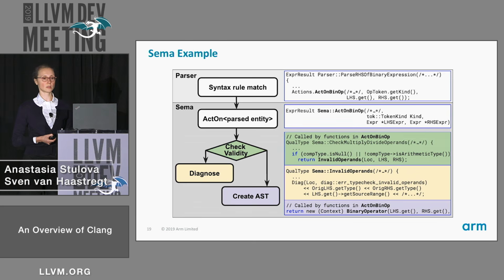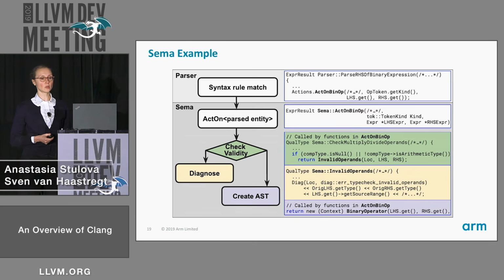You basically just query the type. Is it an arithmetic type? If it isn't, then you will call the invalid operands method of SEMA. What this invalid operands method does is call a special helper function, diag. That function allows you to handle errors in the Clang source code. I'm going to come back to the diagnostics, how they work, and this particular helper function in just a few minutes. So let me just finish with the flow for the semantical checks.